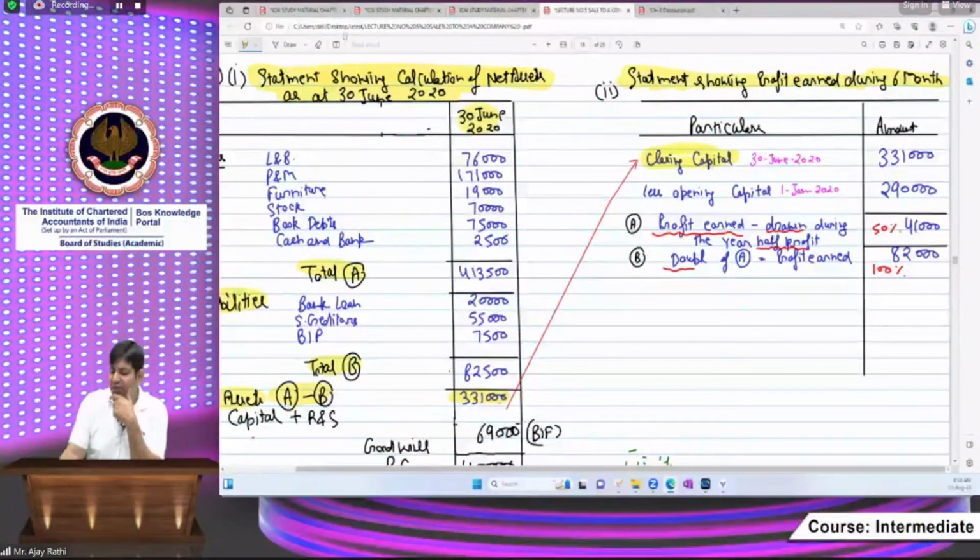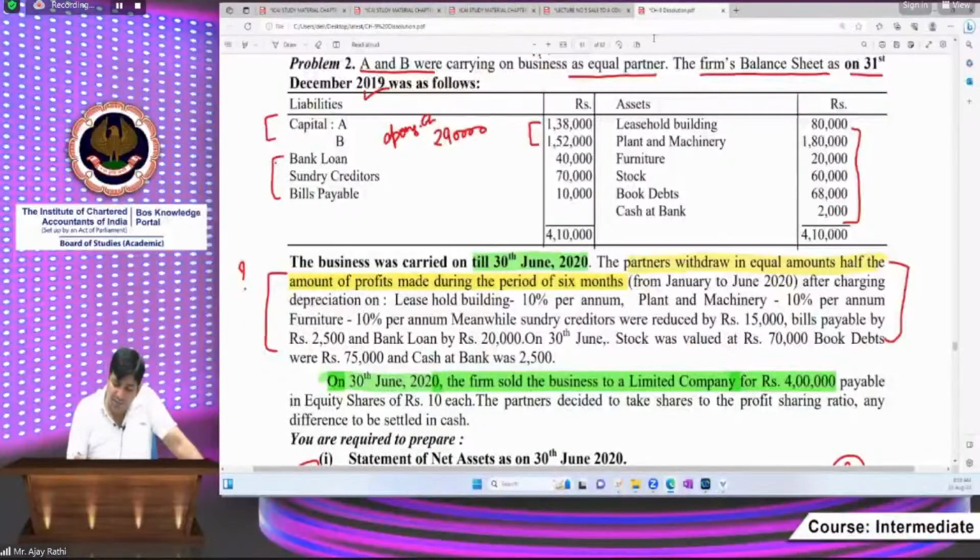Closing capital is there and opening capital is there, and the difference is there. That could have been told to you as profit earned minus drawings, that is the half, which we shall double to get the profit earned. That is very, very easy. Now we have to calculate the closing capital and opening capital, and we already know the opening capital. That is how much? That is 2,90,000.